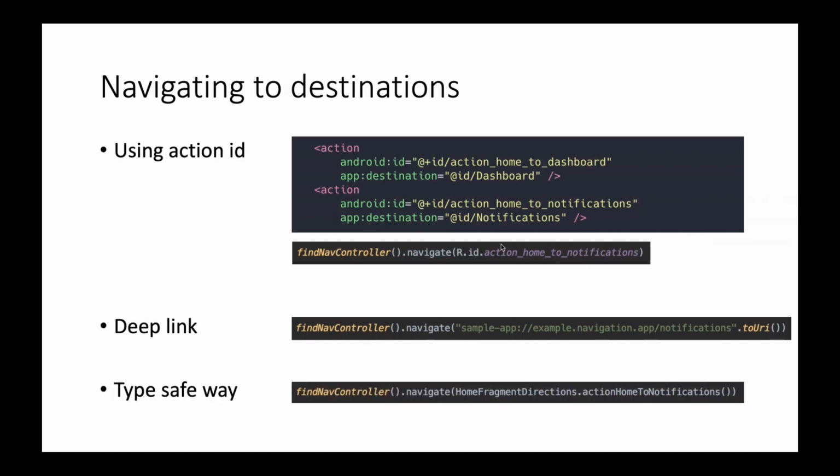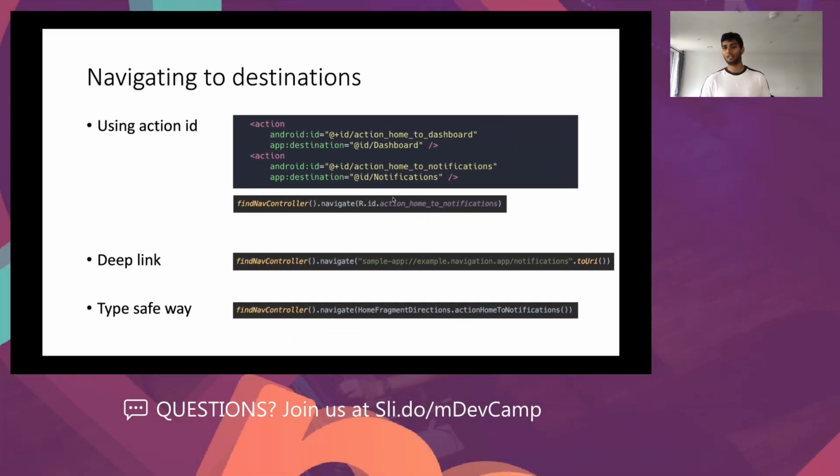And last but not least is a type safe way, which is what I would recommend to do. So a type safe, because IDs can be anything. IDs cannot necessarily point to an action. It can point to a view. It can point to a resource or an image file, right?